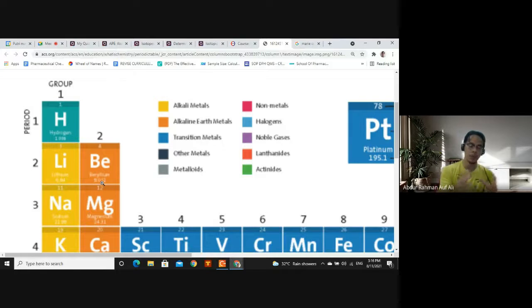Jisim, berat sesuatu atom tu datang daripada nukleus dia. Itu the accumulation of the mass sesuatu atom. Because most of atom adalah ruang kosong. And electron, dia punya size sangat-sangat kecil daripada proton dan neutron. That's why kita abaikan dia terus. Dia bergerak dengan sangat laju because dia sangat ringan. Dia punya jisim tu macam manusia dekat dengan bumi.